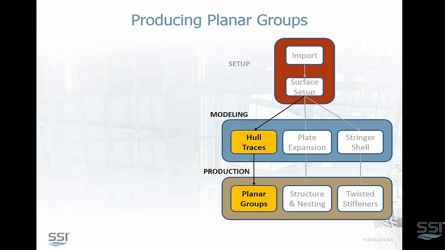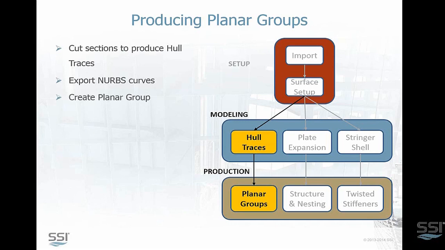For instance, if we were to explode the NURBS curve objects to a polyline, we would lose that beveling information. So first off, we're going to cut sections to produce hull traces. We'll extract those NURBS curves, and then we'll export them. We'll create planar groups, and then I'll be able to demonstrate this automatic beveling, which is pretty fantastic because it means that you're retaining this information and you don't have to do that work again.